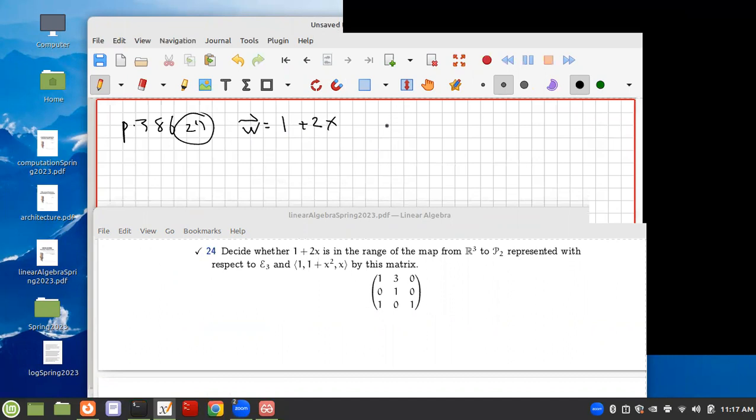We have a map. Let's give the map a name and call it J, which is a map from R^3 to P^2. I never can tell whether for the polynomial the 2 should be down here.